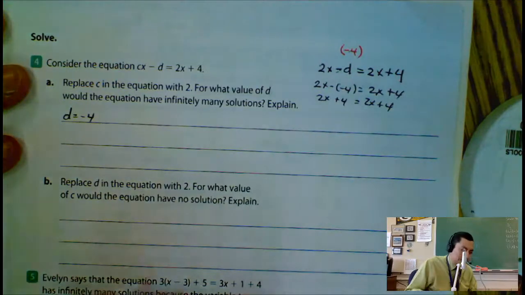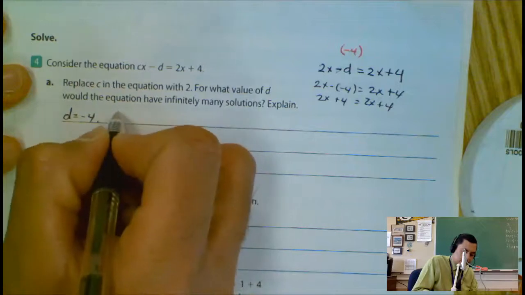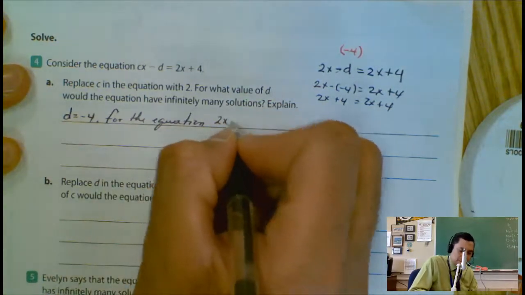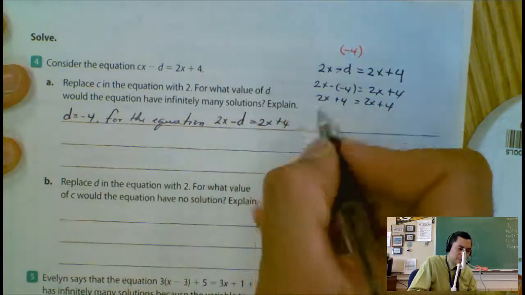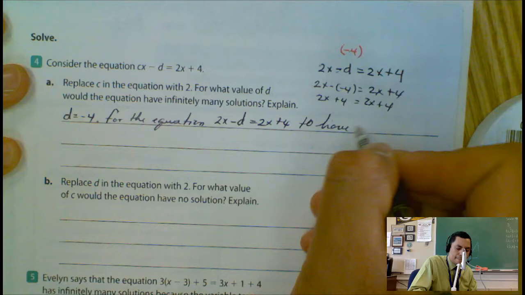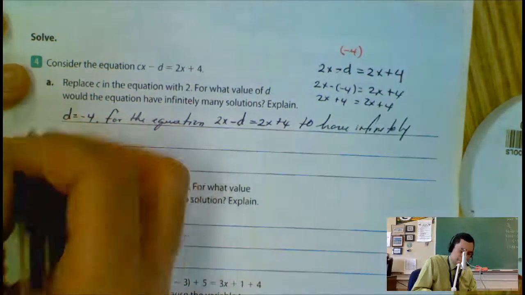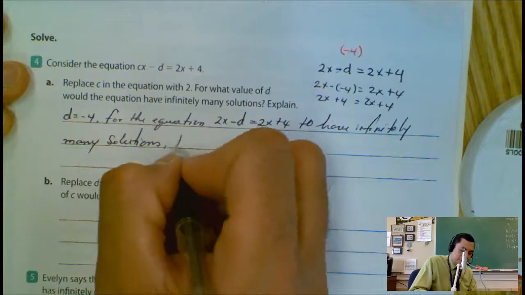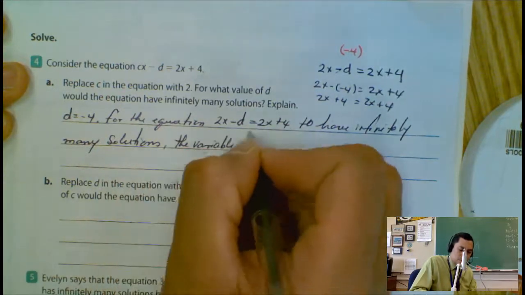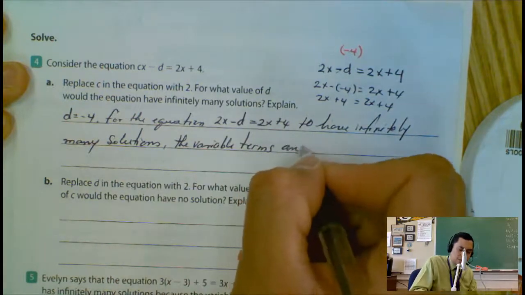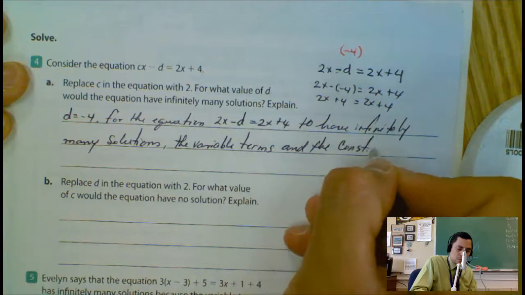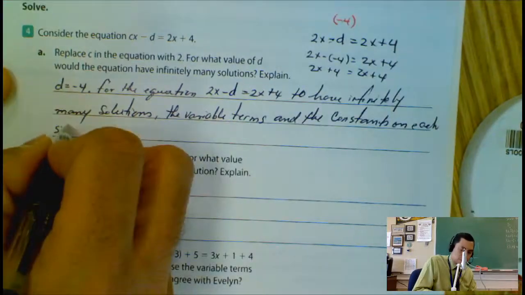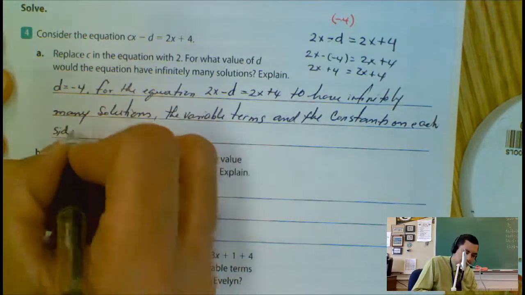So in this case, I'm going to say for the equation 2x minus d equals 2x plus 4 to have infinitely many solutions, the variable terms and the constants on each side must be the same.